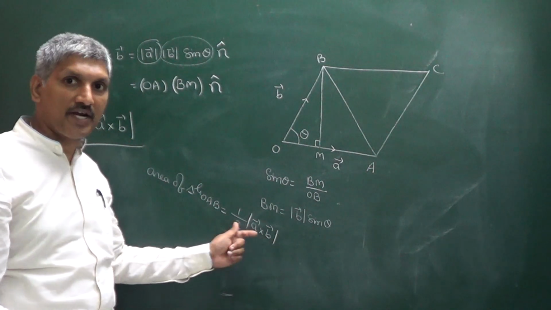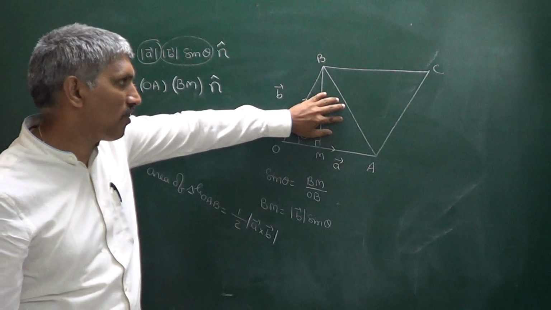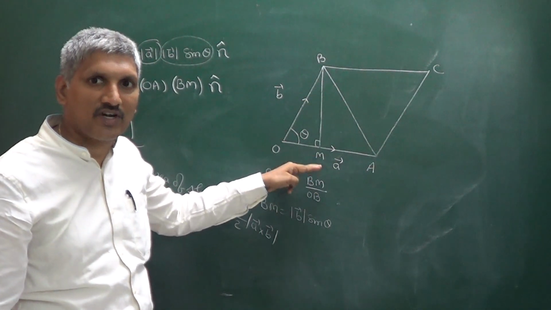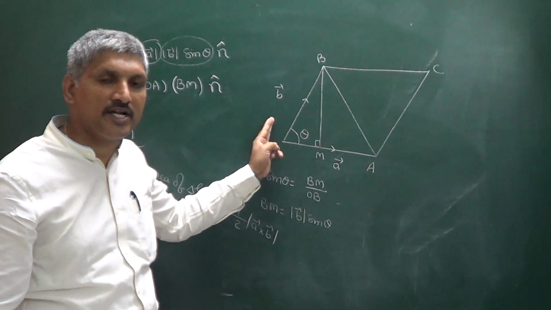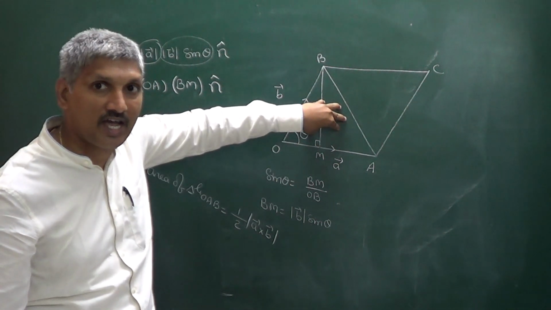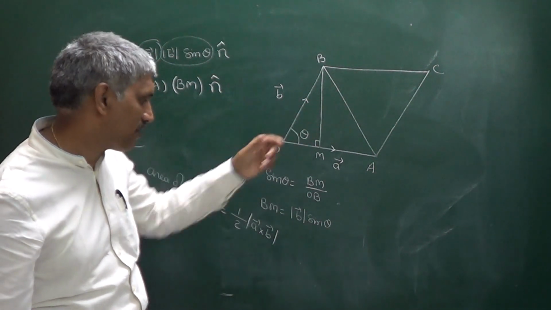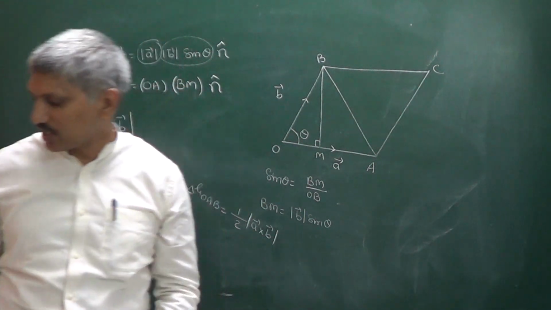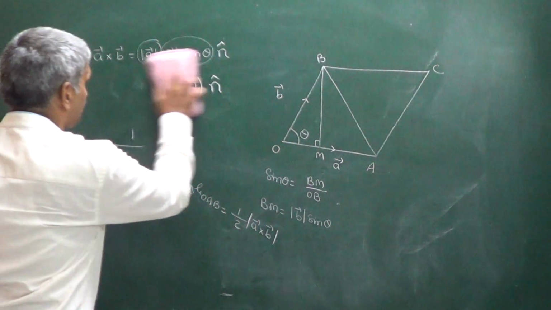Parallelogram area divided by 2, you will get the area of this triangle. A bar and B bar are the two sides of a triangle represented in magnitude and direction. Its area is given by half magnitude of A bar cross B bar. Okay, so that is the area of a triangle.